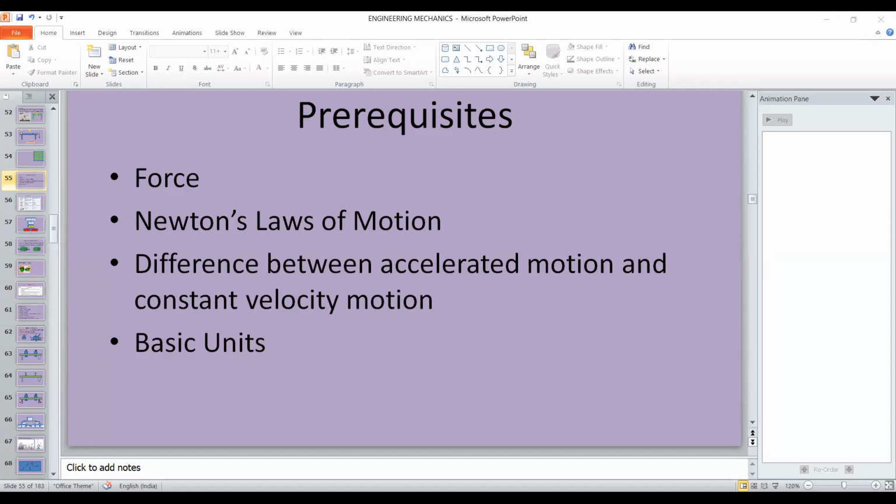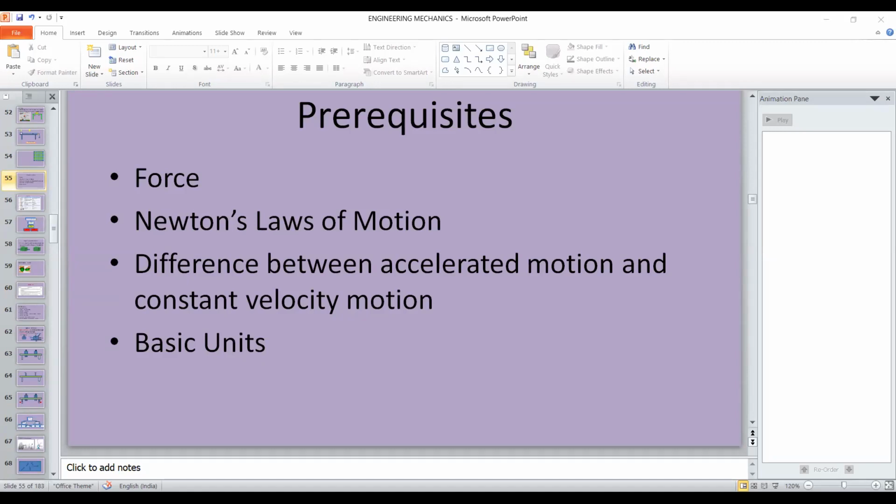Here we have selected 2 points. This is the starting point. Now this mass is resting on this wooden surface or wooden table. This mass is connected to another mass, called a dead weight, with the help of this string, and this string is passing over this pulley.